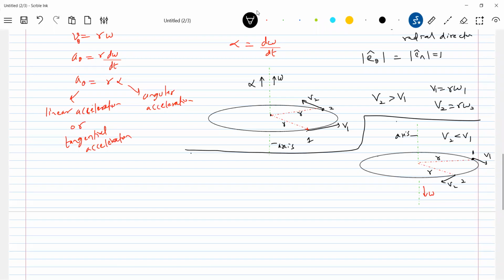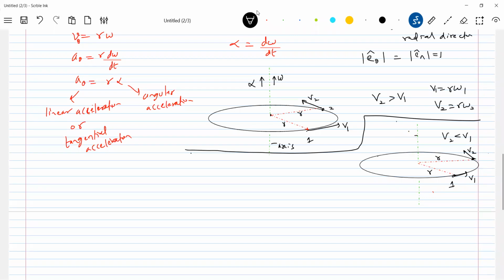Okay, some of you are getting confused. Why did you change omega? Okay, I'll do one thing. Just for your help, I'll put it like this. Let this be 1. I say that V2 is less than V1, and this will be much easier for you.